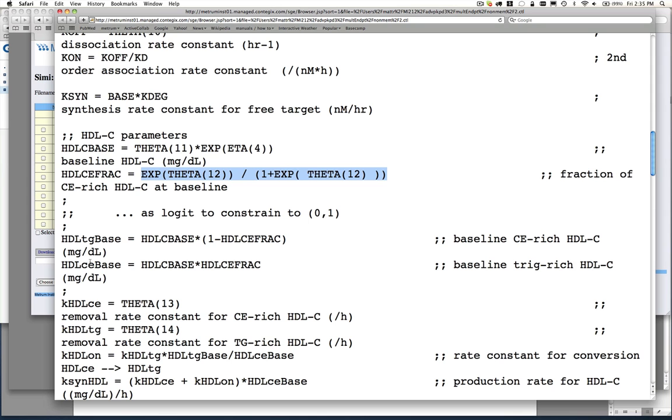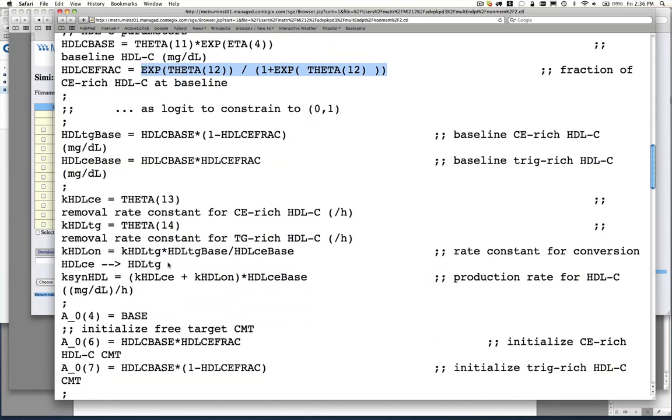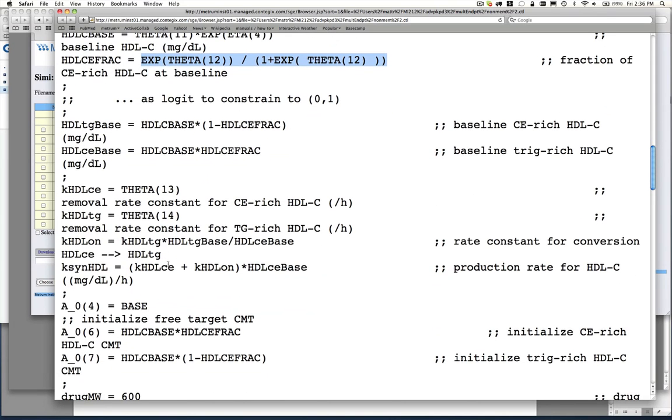The amount that's in that cholesterol ester-rich compartment at baseline is the base value times that fraction. And so the sum of these two again equals the total HDLC at baseline. And those are fed in, just to show you down here, to initialize compartments 6 and 7, respectively.